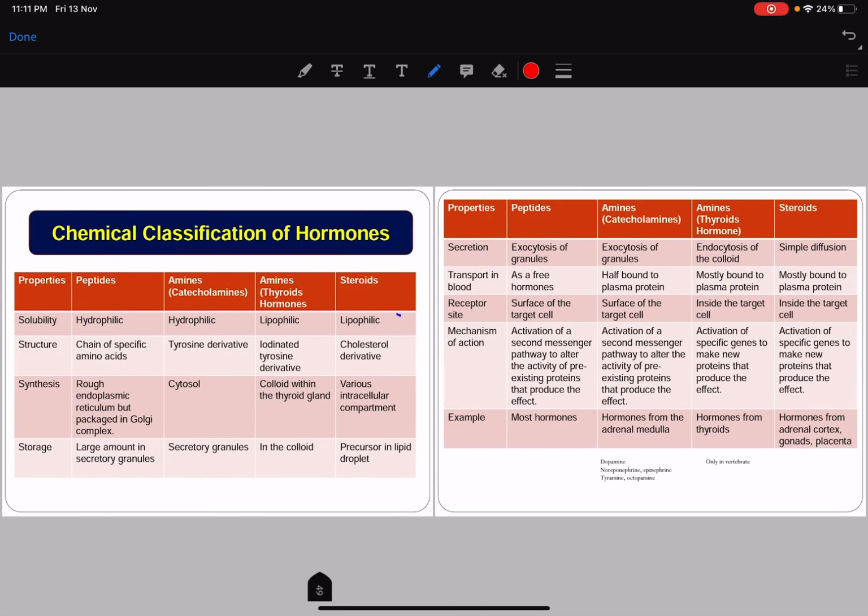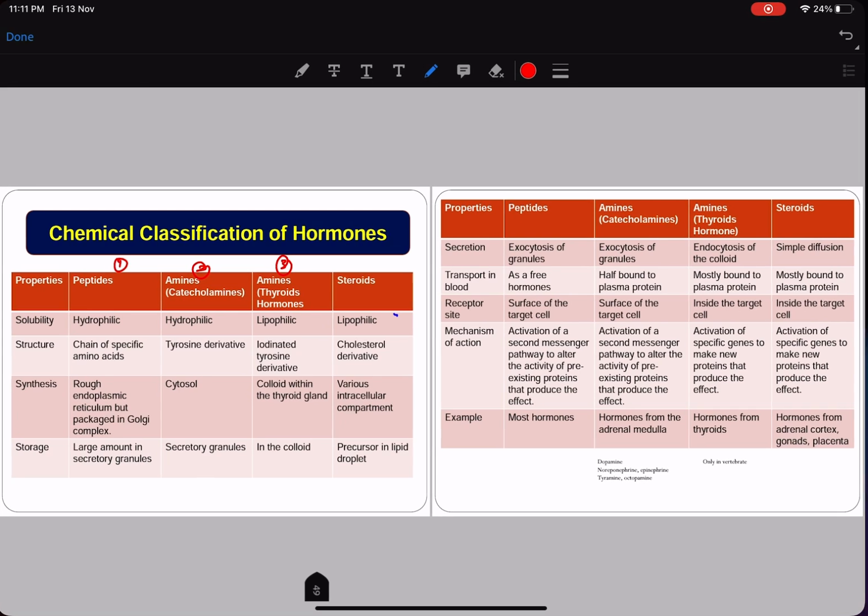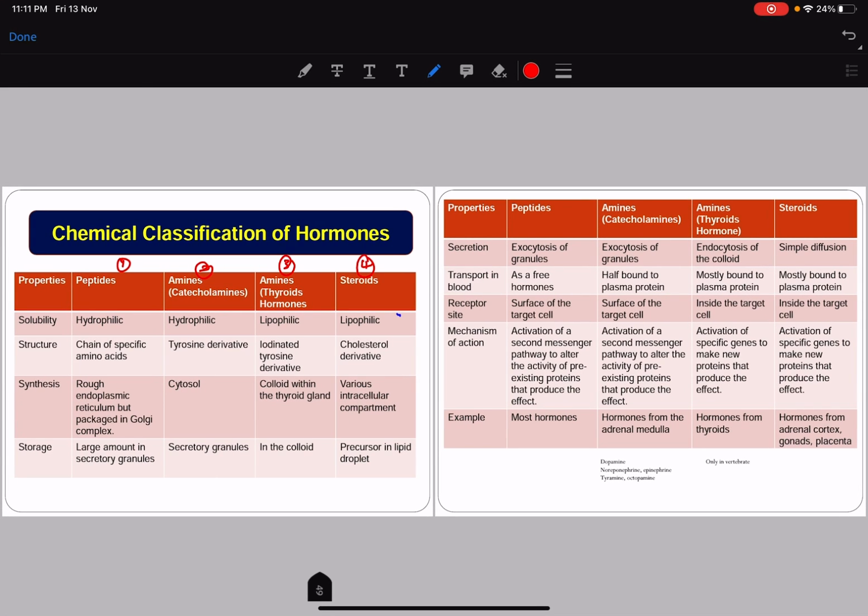So these are the classifications of hormones. You can see we have 4 chemical classifications of hormones: peptides, amines under catecholamines, amines in thyroid hormones, and the 4th one is steroid. In terms of solubility, peptides are hydrophilic, catecholamines are hydrophilic, thyroid hormones are lipophilic or hydrophobic, and steroid hormones are also hydrophobic.